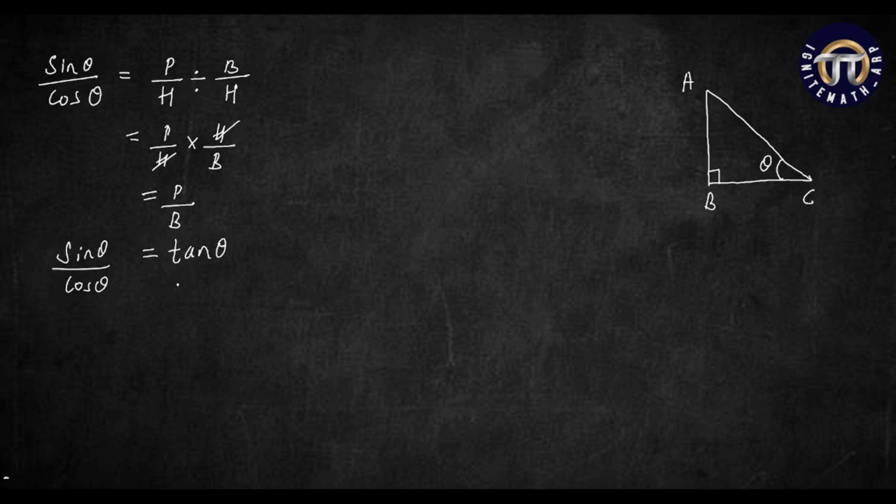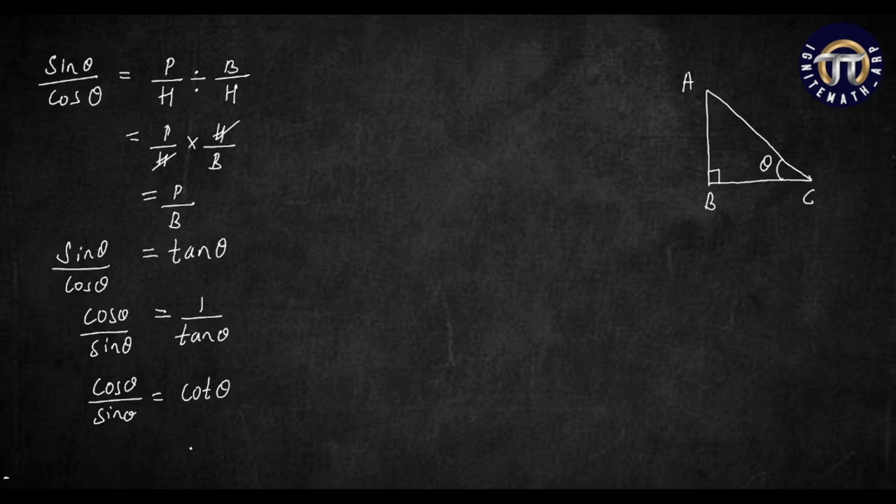Since tan theta and cot theta are reciprocals, if I take the reciprocal, 1 by tan theta is equal to cos theta by sin theta. So cos theta by sin theta is equal to cot theta.